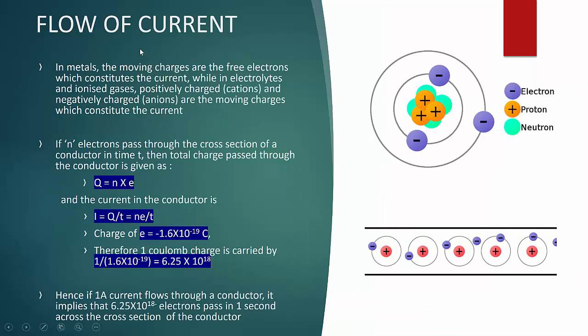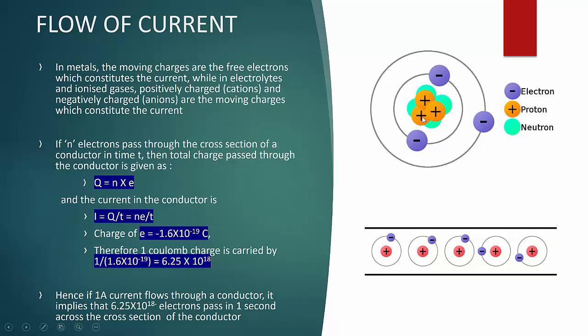Now, the flow of current. Let's be reminded of some chemistry. You remember that the atom has an atomic number, mass number, neutrons, protons and electrons, right? And we know that the number of electrons in an atom is always equal to the number of protons present in the same atom.